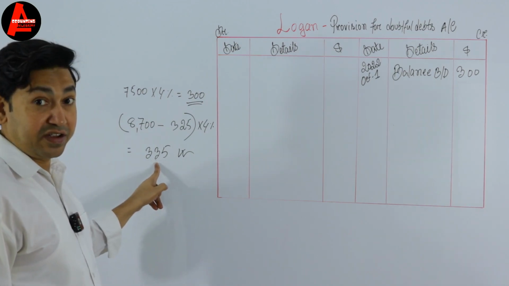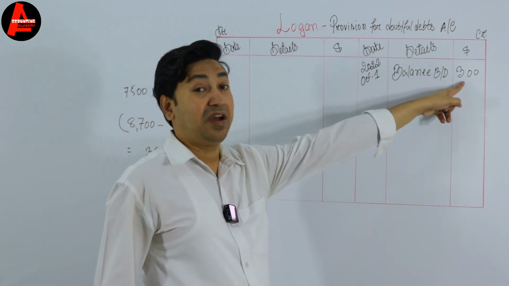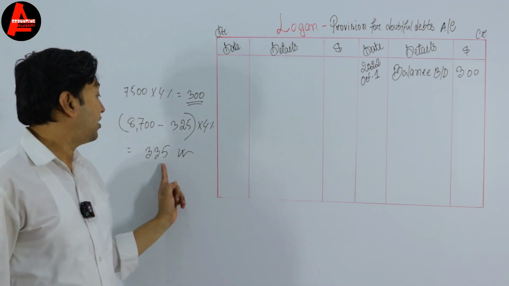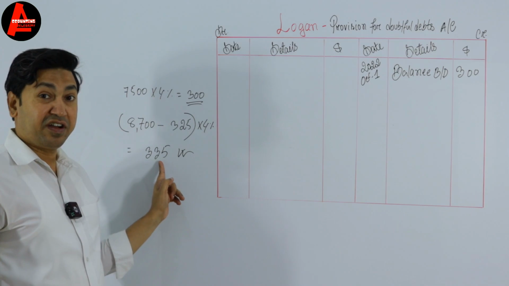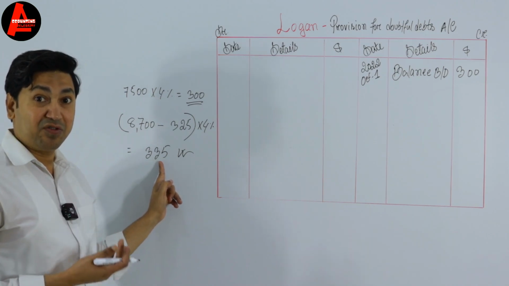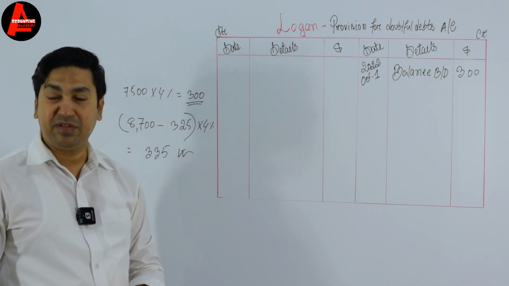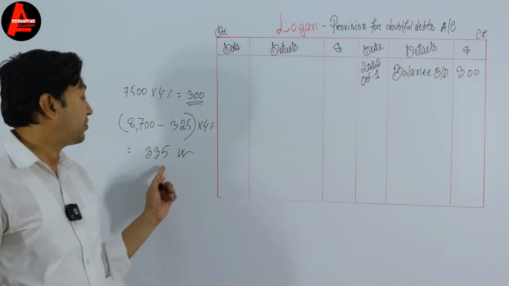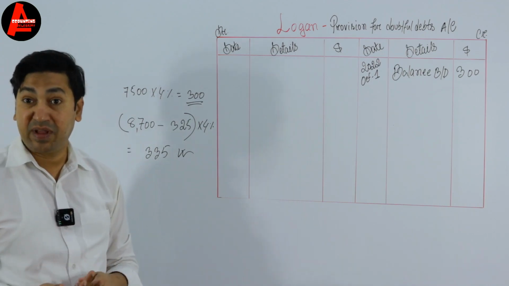This is another balance of provision for doubtful debts, the current year balance. The other was the opening balance from the previous year, and this is the current year balance. This amount will be shown as an expense in the income statement. When we transfer this amount to the income statement, what journal entry do we make?